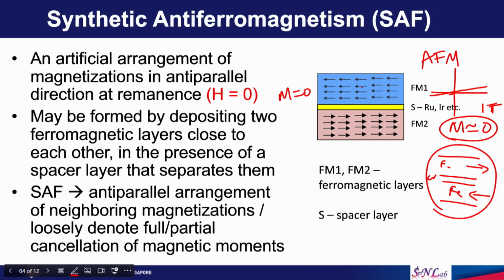But if you apply a high magnetic field, we can make both the layers point in the same direction. If you remember the GMR, we applied a certain field like 2 Tesla, then we forced the two magnetizations to be parallel. So, in this case the magnetization can be very high.